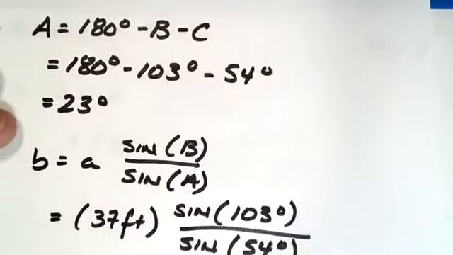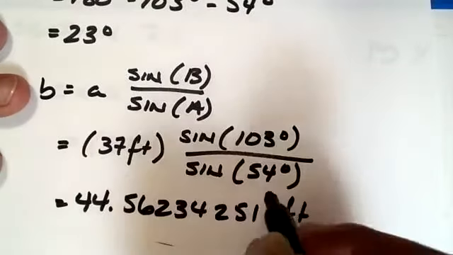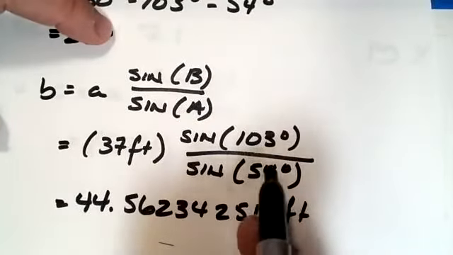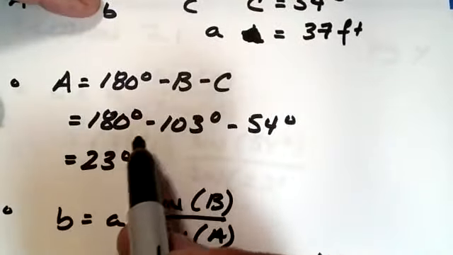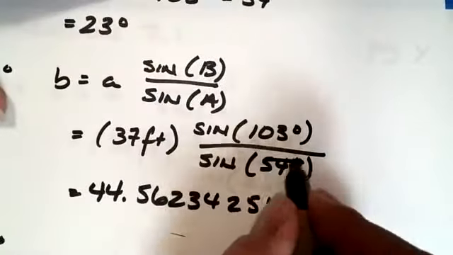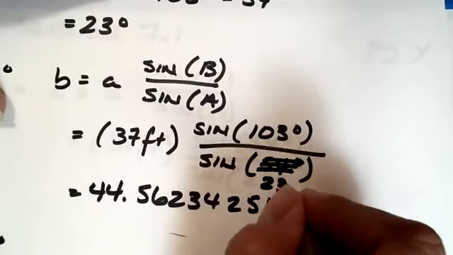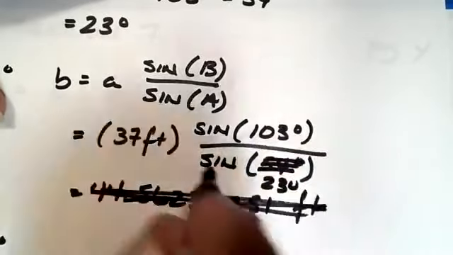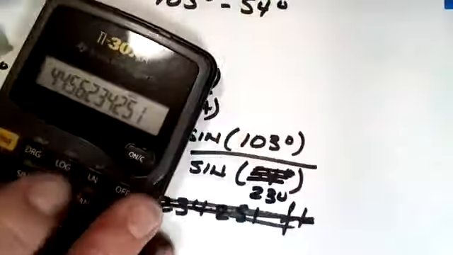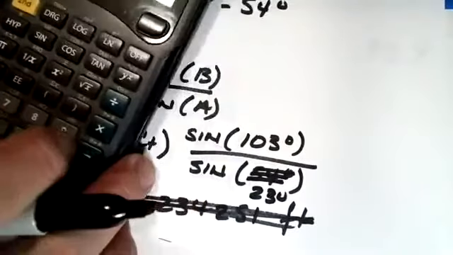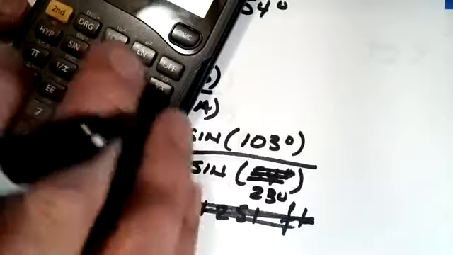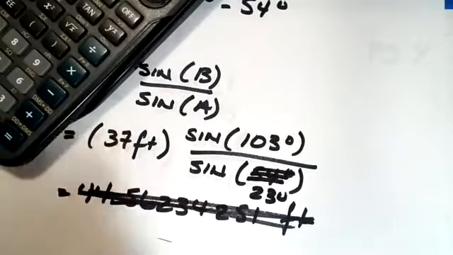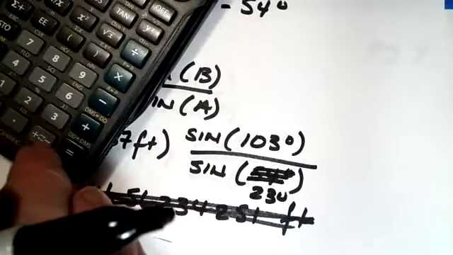Let me back up here a second. This is very easy to do, so I'm not totally shocked that I did it. I have the wrong angle here. Recall that B is actually 103 and A is 23. Let me revise that. It's a good thing I left some space there. So let me recalculate. So 103 times the sine divided by 23 sine, and then multiplied by 37.